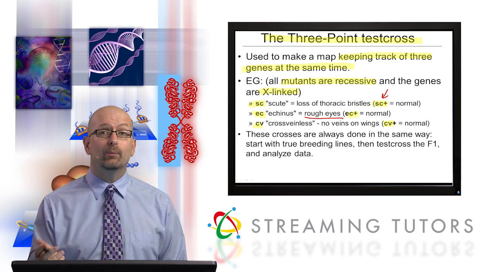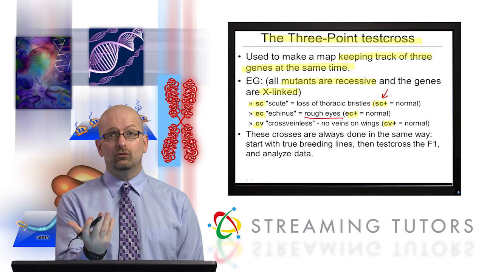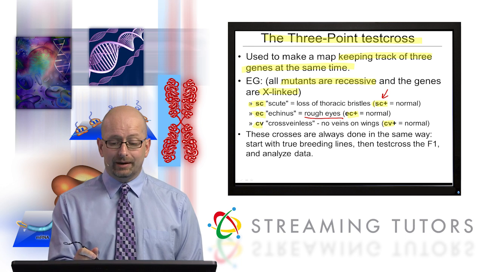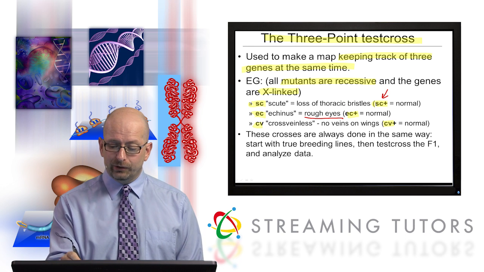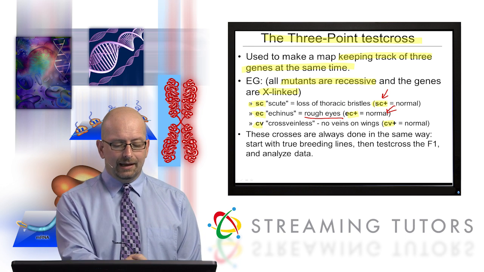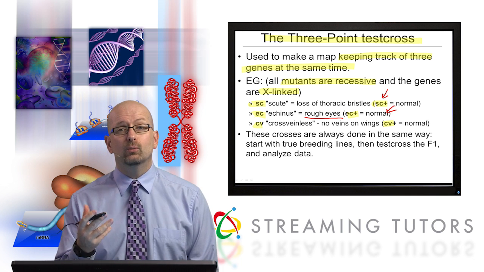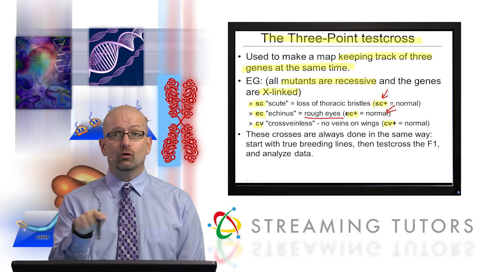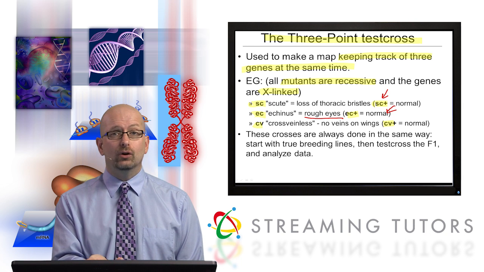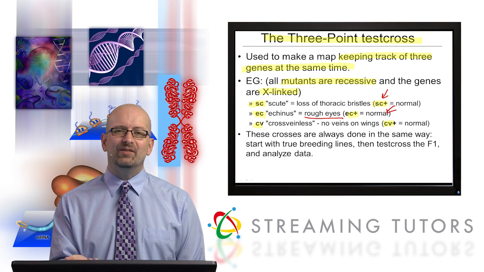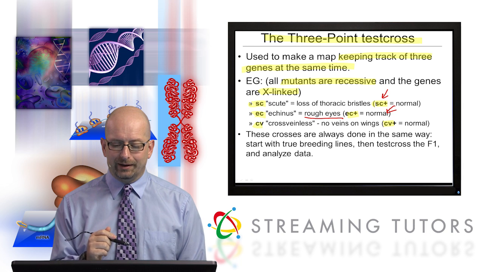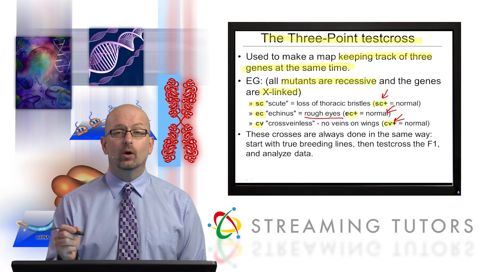It's hard to describe what rough eyes mean, but you can see it, especially under a dissecting microscope. If you're normal, you don't have rough eyes. CV is cross-veinless. That's a little easier to understand because the wings of flies have veins and they have cross veins. Well, if you're cross-veinless, you don't have those type of veins on your wings. All right? And if you're normal, you do.